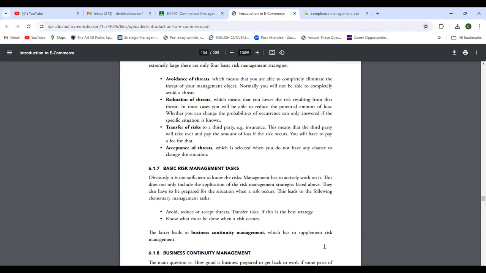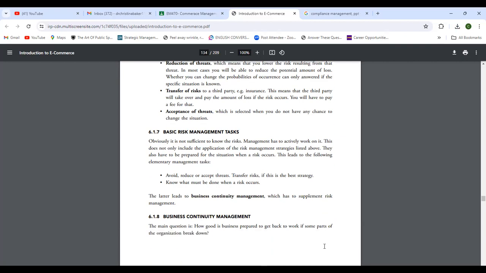Normally, you're not going to be able to completely avoid a threat. Reduction of threats, which means that you lower the risk resulting from that threat. In most cases, you'll be able to reduce the potential amount of loss. Whether you change the probabilities of occurrence can only be answered if the specific situation is known.